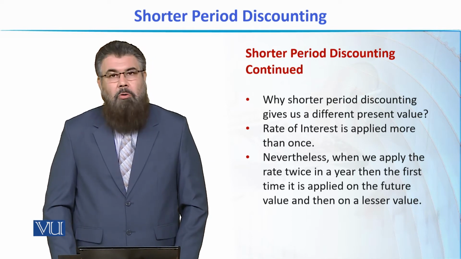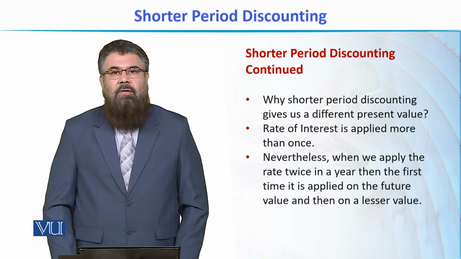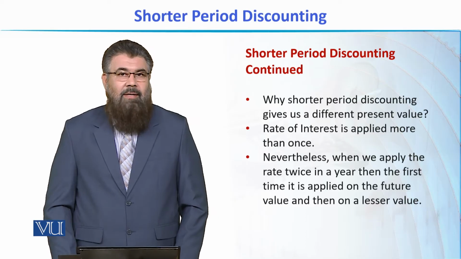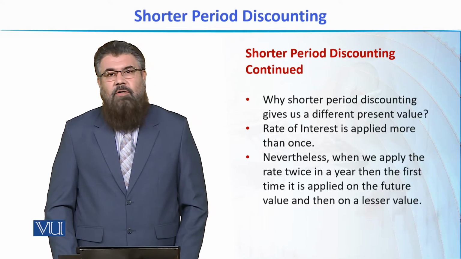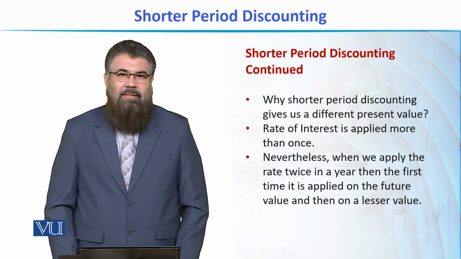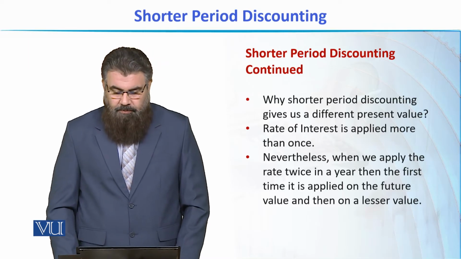Is it more than the value that we get if we apply the rate once in a year, or it will be less than that? That is the question that we are discussing in this module.